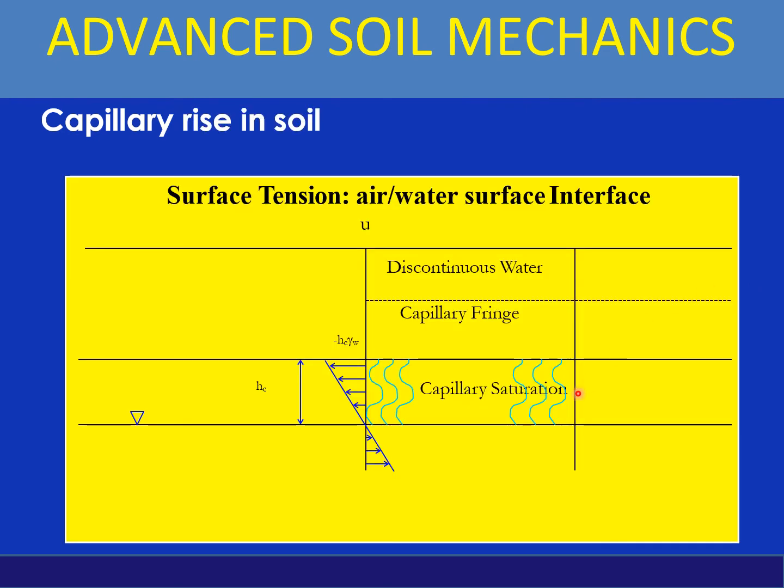The same thing you can see over here: this is the groundwater table, you are having the capillary rise and the negative pore water pressure because of the suction, and here you are having the capillary saturation.